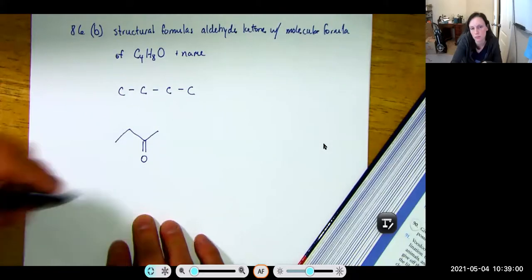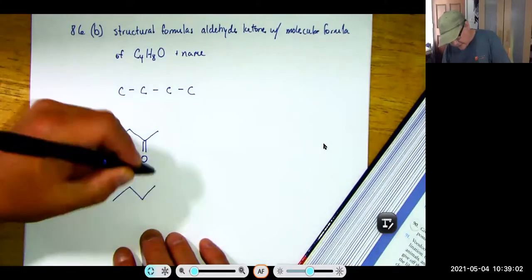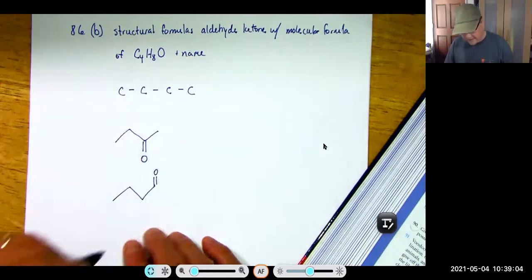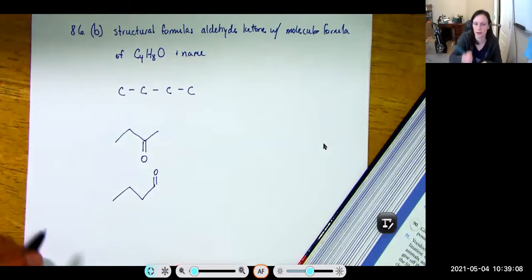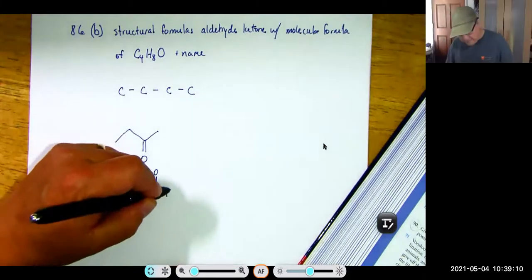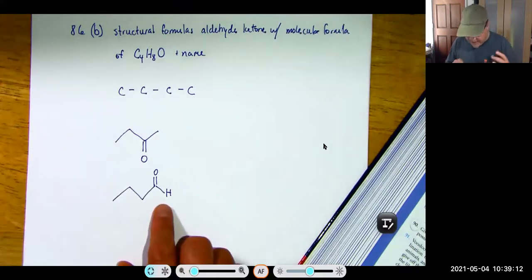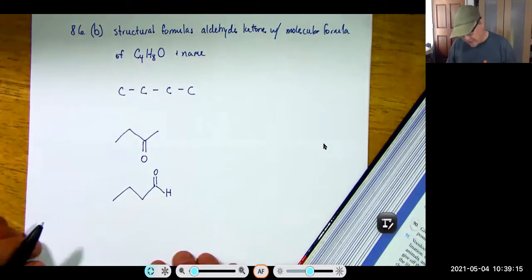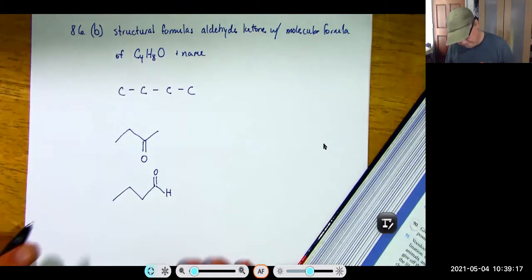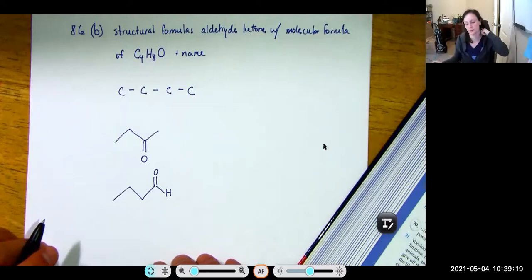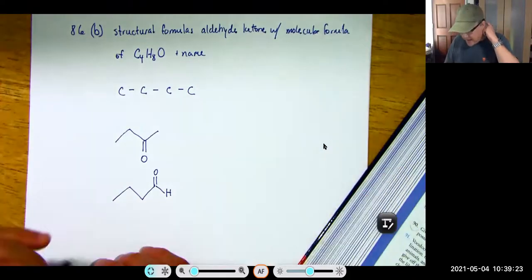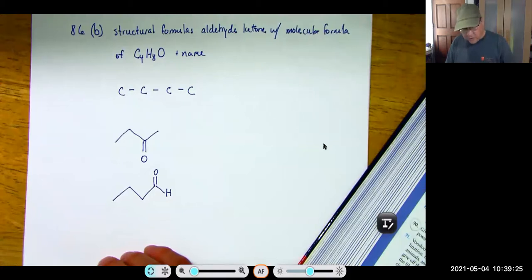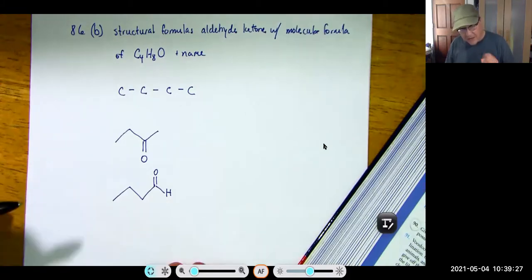No. How about if I put it here? Yeah, because there's a hydrogen. I'd like to really get people to see it by putting the H there, so it kind of pops. So these are structural formulas of an aldehyde and a ketone with the formula C4H8O, I believe.